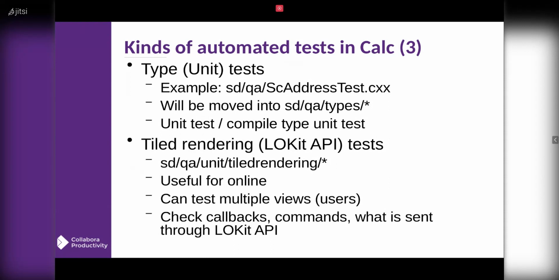It's very useful when you want to test what multiple views, what multiple users are doing, and there's already a lot of infrastructure there that helps you with catching all the callbacks and commands.